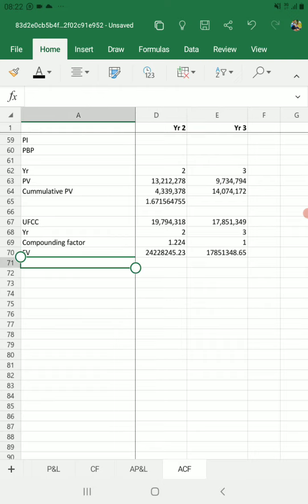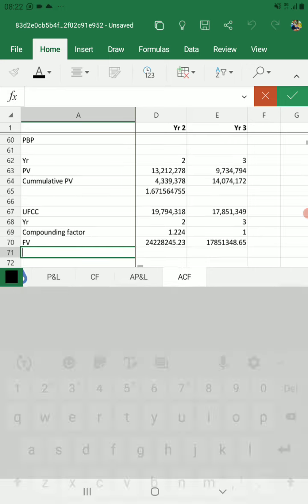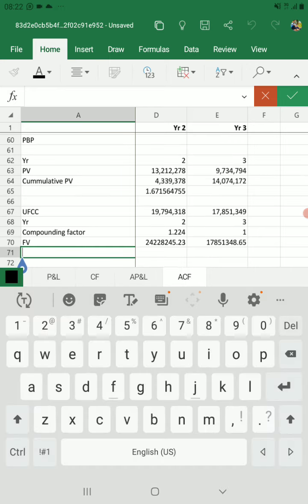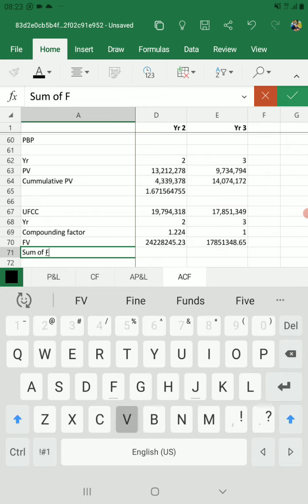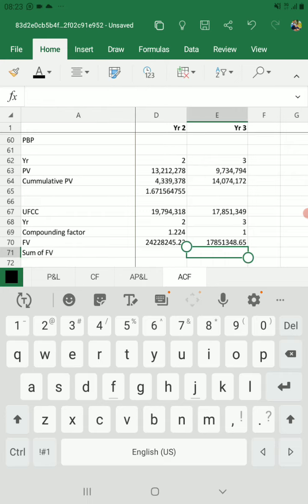Then what we do is simply having our sum of future values at the end of the period, sum of future value here at the end.